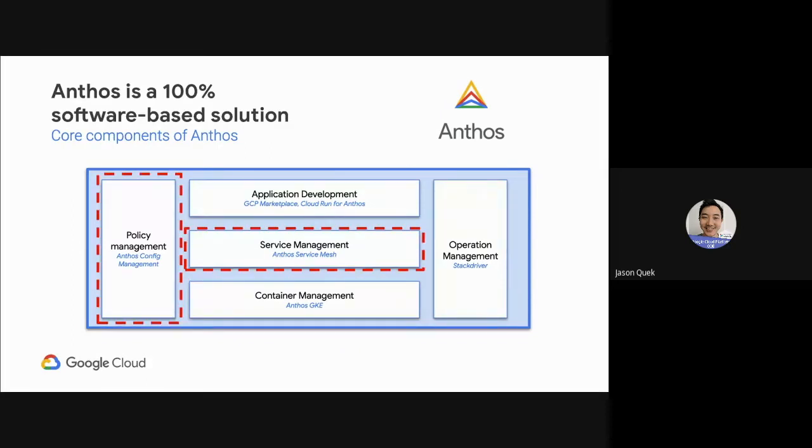Next, you get the service management and the policy management. Service management is the Anthos service mesh. So you're able to track which of your microservices talk to each other, manage their SLAs, manage their responses, manage their availability, how you deploy them. And with policy management, you are able to write policy as code, which can define what is allowed into your clusters.